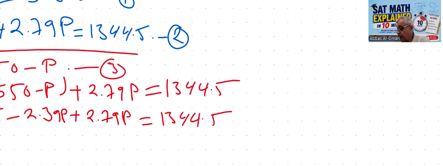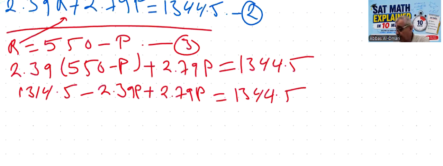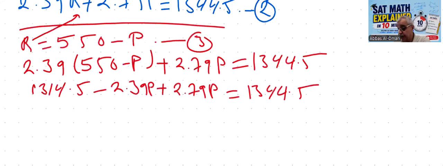Here we have 2.79 P minus 2.39 P, which is 0.4 P, equals 1344.5 minus 1314.5, which is 30.